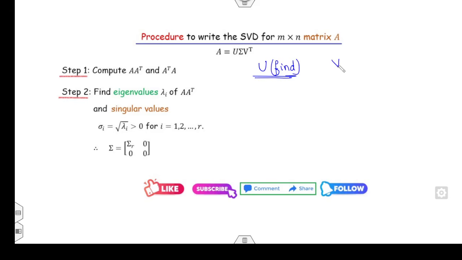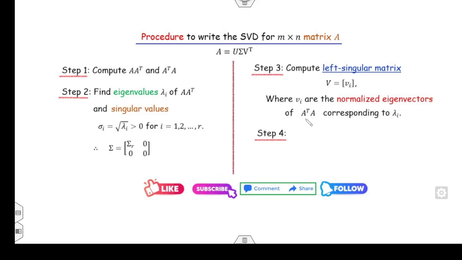For that, we first need to find V, because ui depends on vi. The vi are the eigenvectors of A transpose A. We can find the eigenvectors of A transpose A. Based on the vi, we can find the matrix U, whose elements are A vi divided by sigma. And then we can write the matrix A in terms of U sigma V transpose.